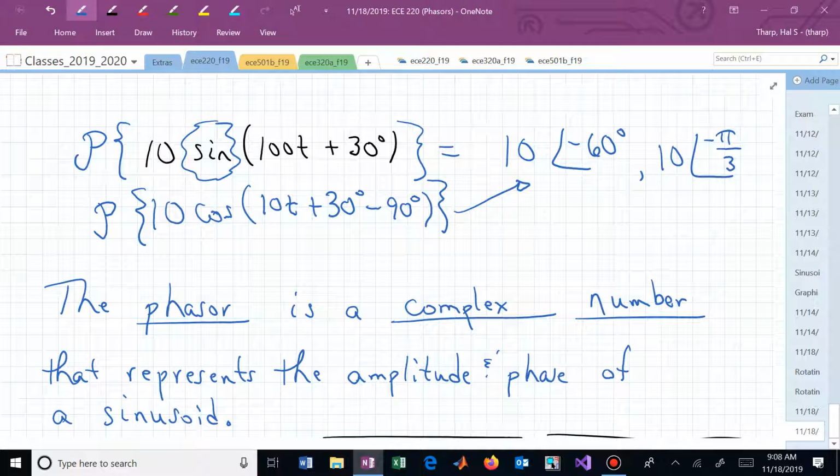So now we're converting these real quantities, these v of t's, these i of t's that are cosines and sines. We're keeping the frequency on the side, the omegas, whatever that is, and we convert those time domains into complex numbers, into a phasor representation.